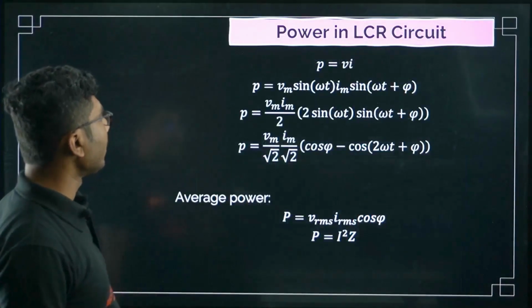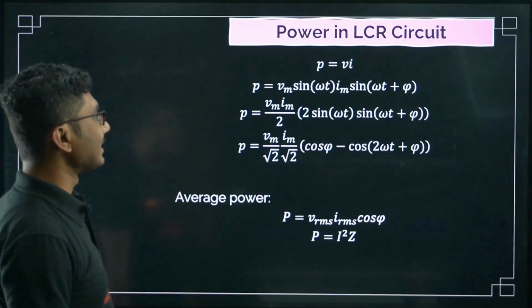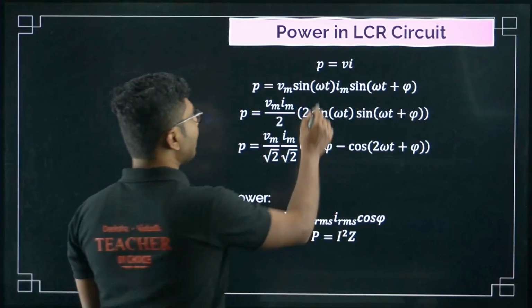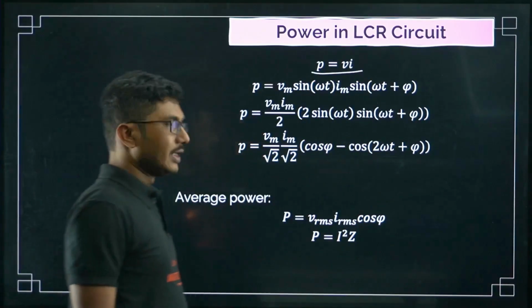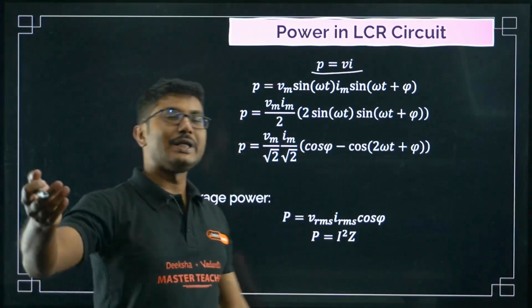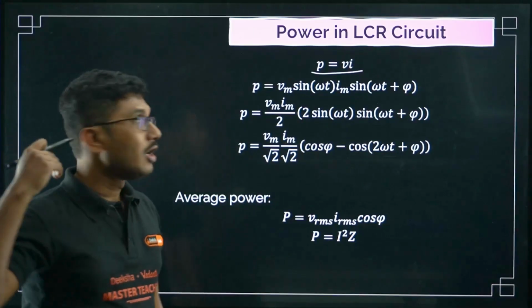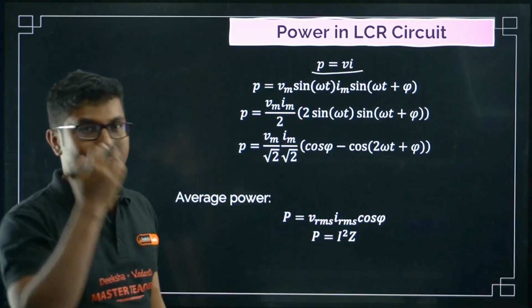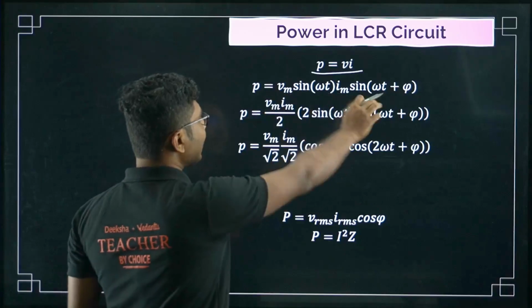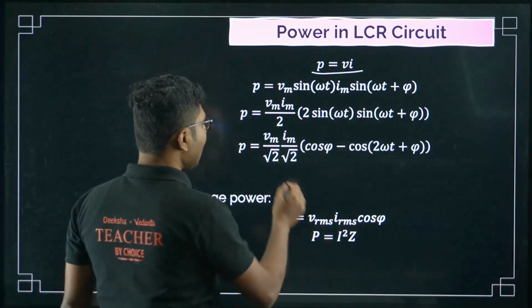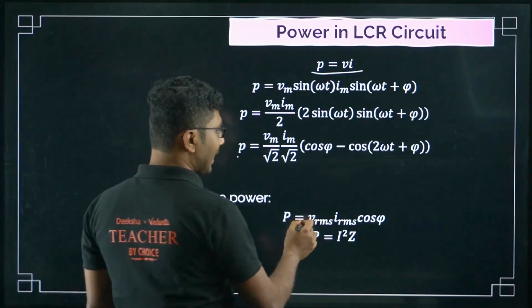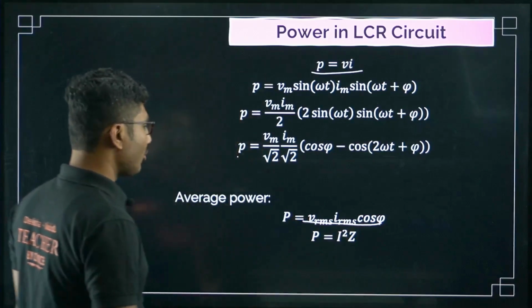Now let's move on. The power in an LCR circuit: the power formula again is P equals V into I. In a pure inductor or pure capacitor, it was 0. Will it be 0 for an LCR circuit as well? Let's see. Power is P equals V RMS into I RMS cos phi.